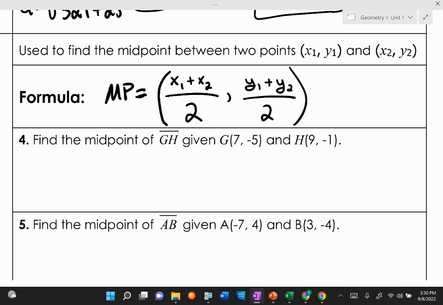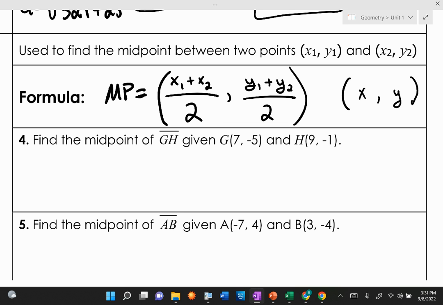Now instead of finding the length of the entire distance between 2 points, we're looking for what point would be directly in the center. You would still assign your 1s and your 2s, or vice versa, and then plug them in, but you're not combining them together. They are now forming a point, which is why you have this big parentheses with a comma. In the parentheses, your final answer will be whatever you get for X and whatever you get for Y.